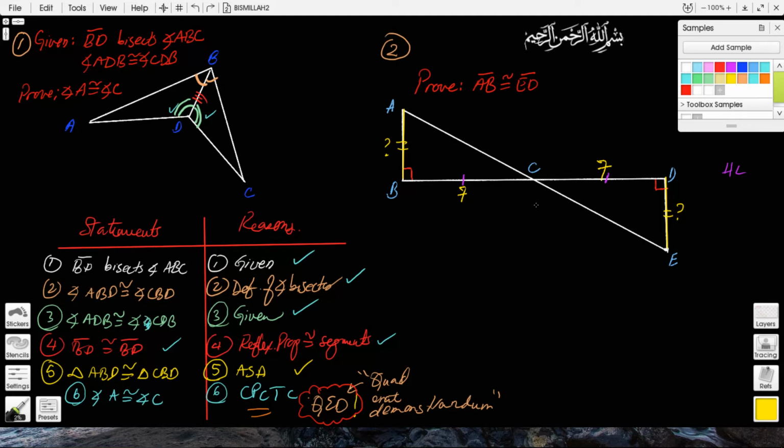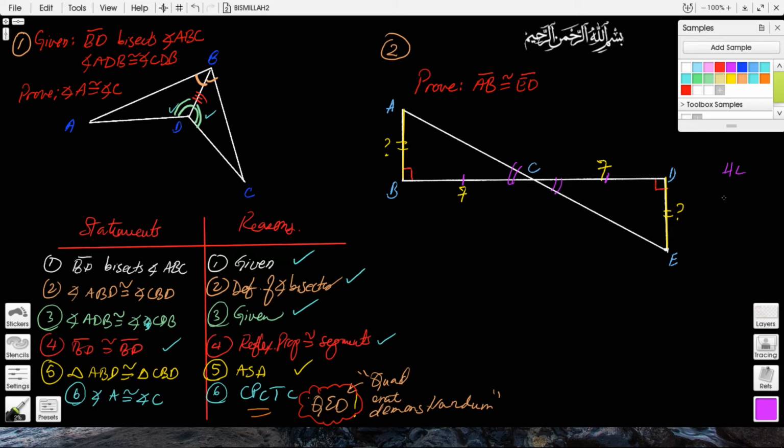Well, what else can I do? What do you think? Let's see. Oh, I see vertical angles. Do you see vertical angles? Right there and there? No, I'm just kidding, that's not the vertical angle. Here's a vertical angle and here's a vertical angle. Vertical angles are congruent by the vertical angle theorem. Oh, that's wonderful. Now I have more angles.